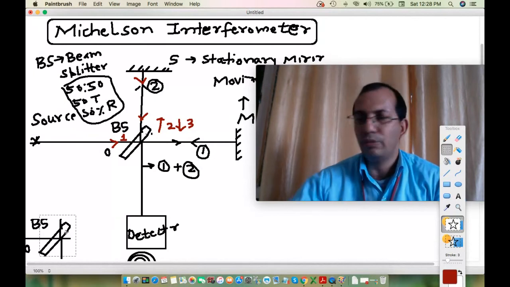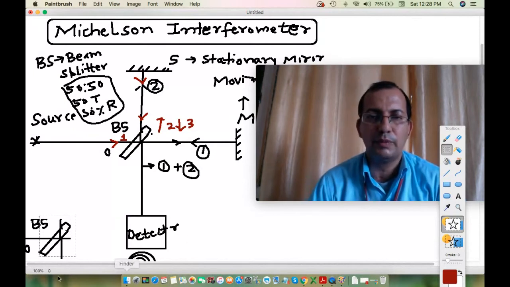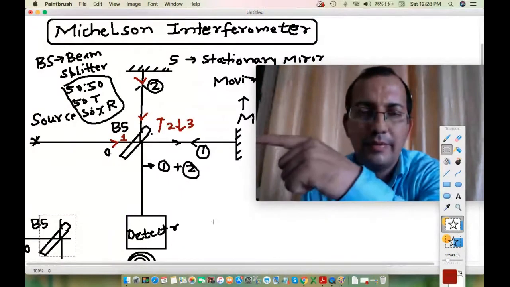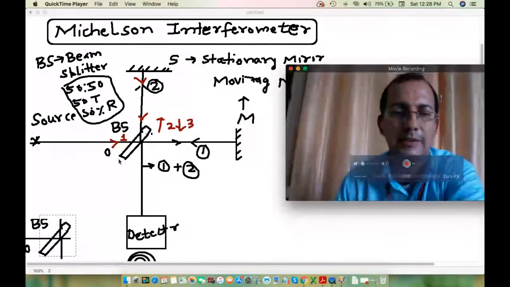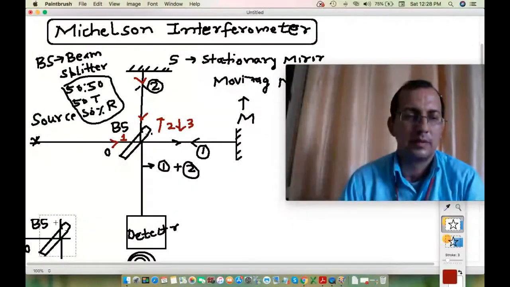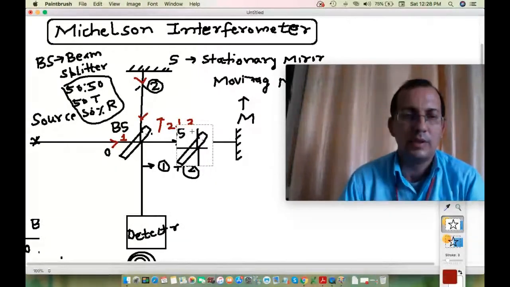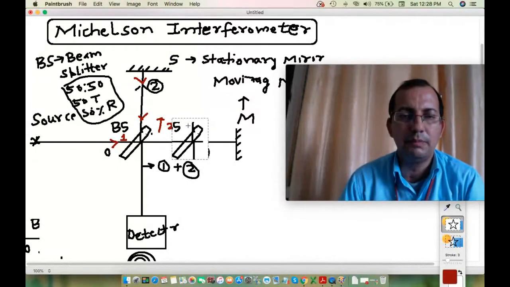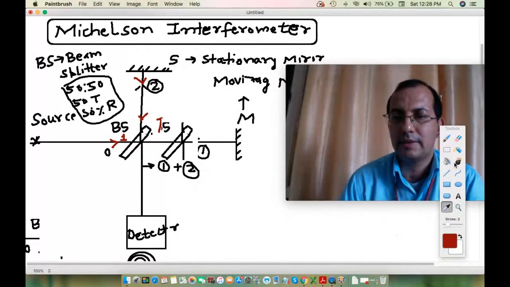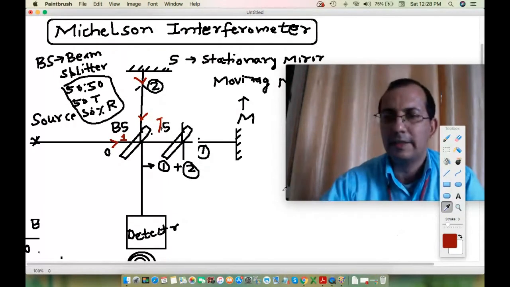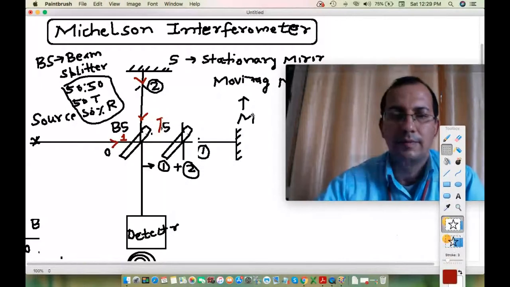So what we would like to do with this beam splitter is put it here, and let's see how it changes the story in this case. So I'm putting this here in the path of beam number 1, and the rest of the things we would have like this.